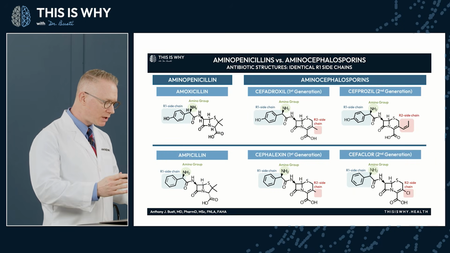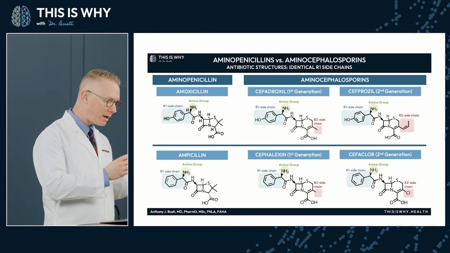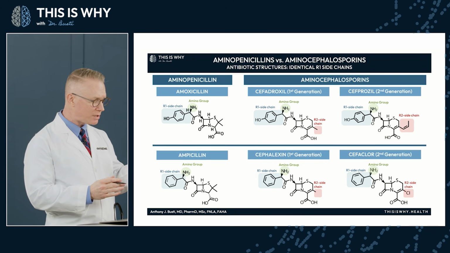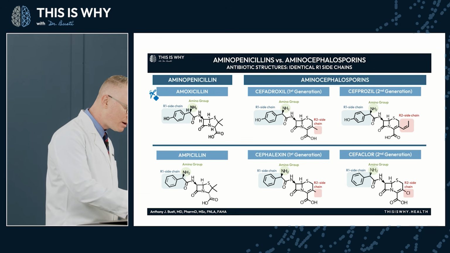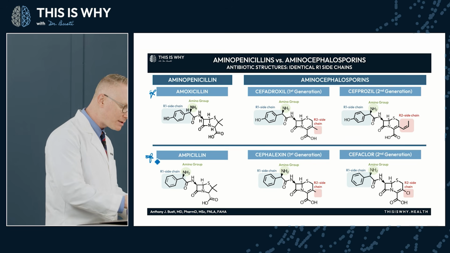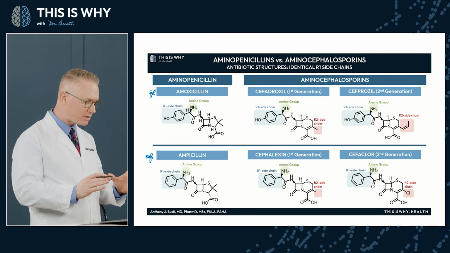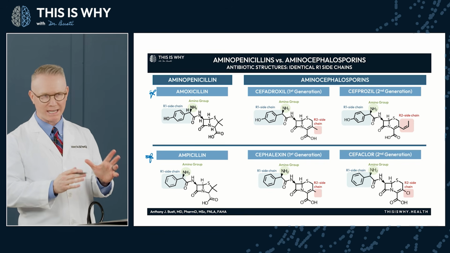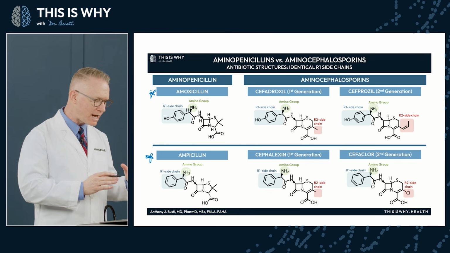Okay, so in this particular diagram, an image that I'm providing you, are the chemical structures of the aminopenicillins on the left. On the top you see amoxicillin, and on the bottom, separated by that line, is ampicillin. Those are your aminopenicillins. You see the amino group attached in that R1 side chain.